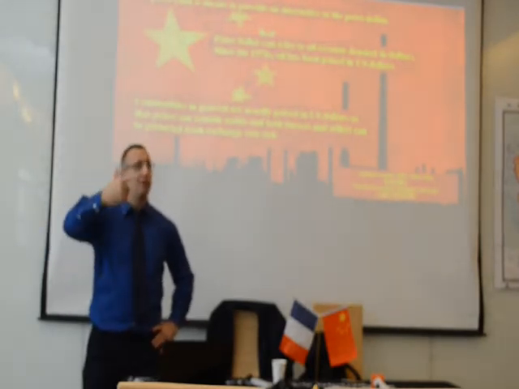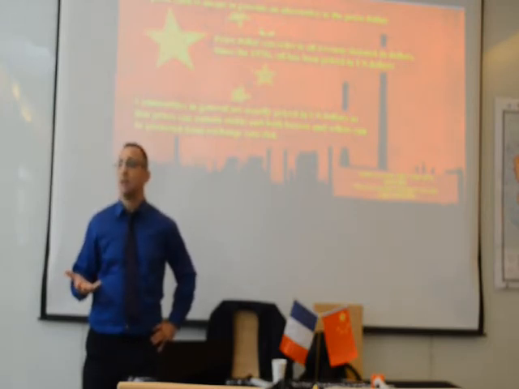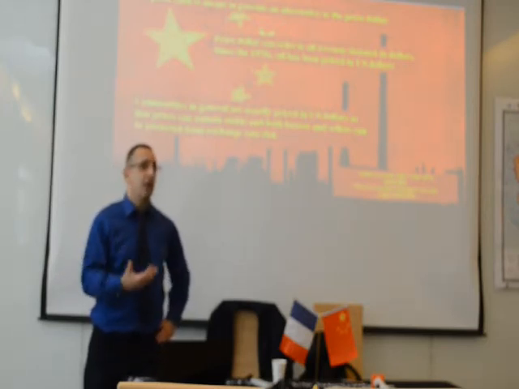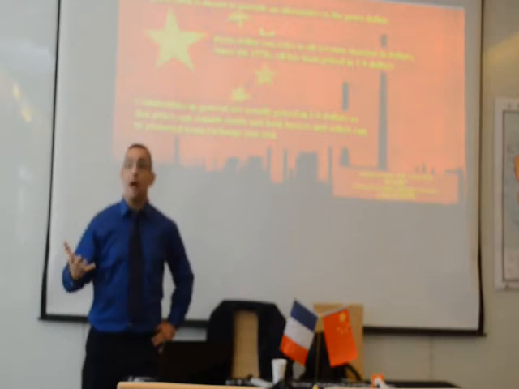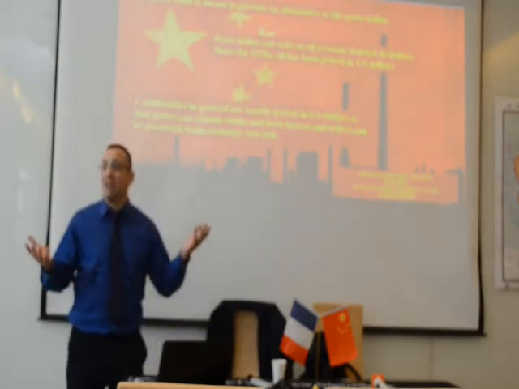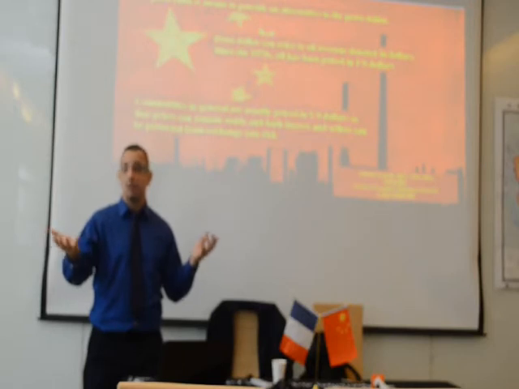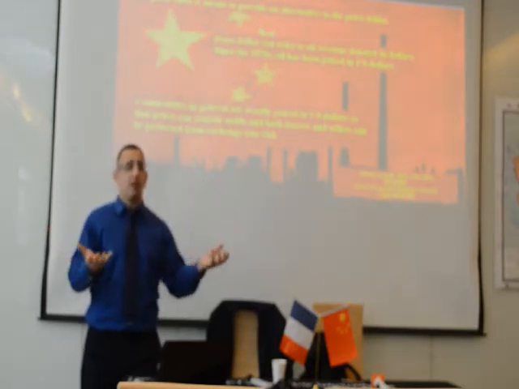So let's think about the examples we've been talking about today. We talked about what continent today? Africa. Okay, so China is buying, for example, iron from, I don't know, Botswana. I don't know if Botswana has iron, I'm just making that up. China is buying iron from Botswana. Botswana has a currency. China has a currency.